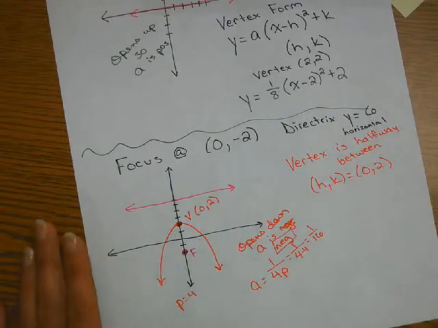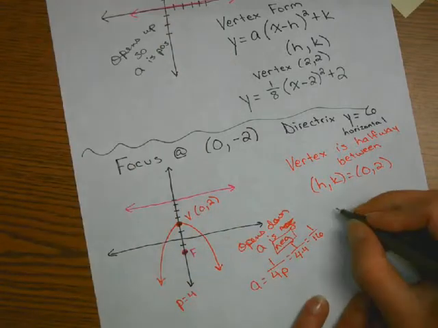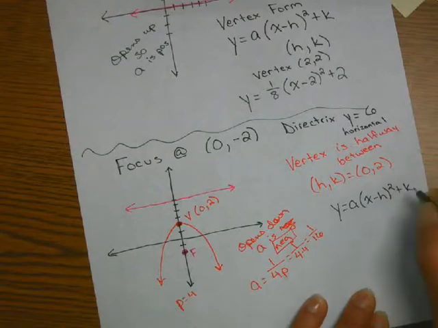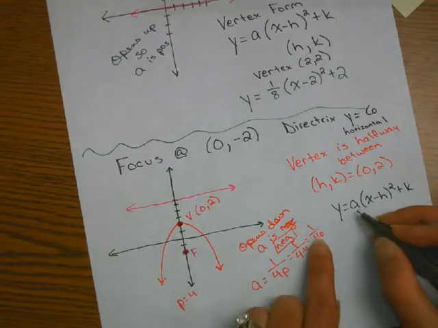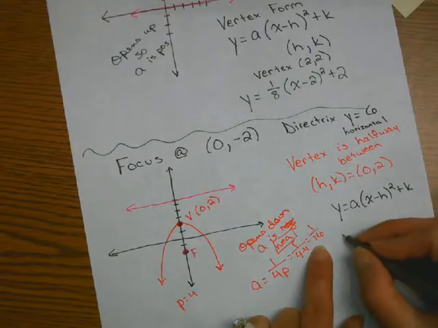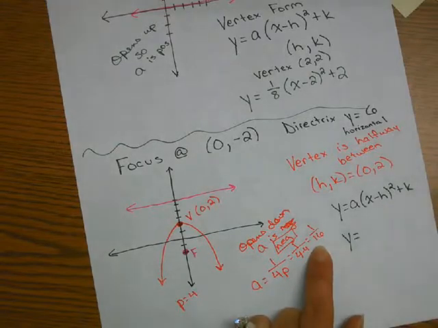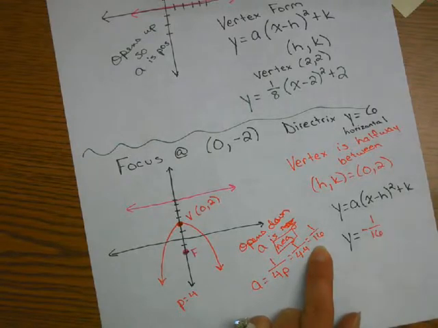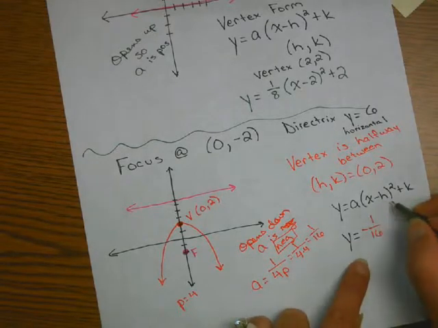So let's start. We're going to start with vertex form. Y equals A times (x minus h) squared plus k. A is 1 over 16, but my graph is opening down. So I'm going to put in negative 1 over 16. (X minus h).